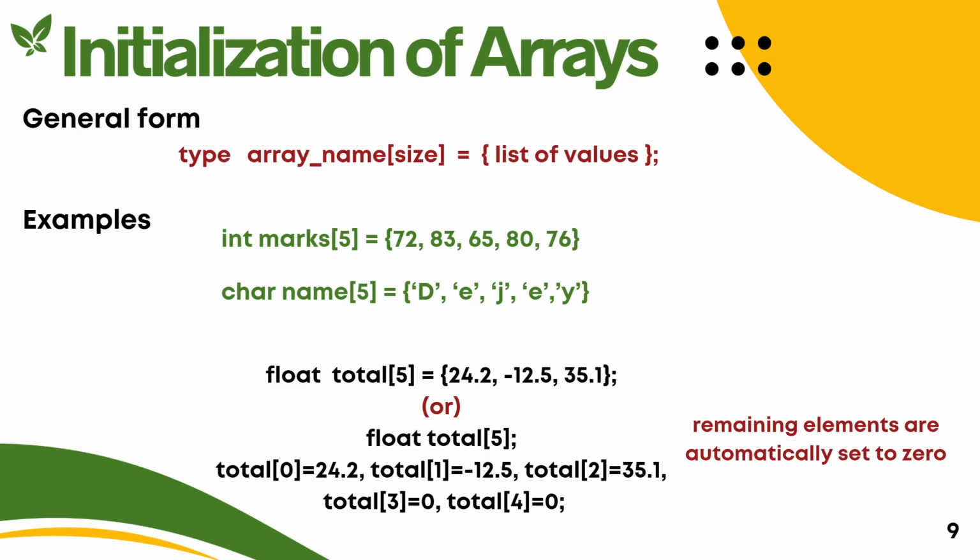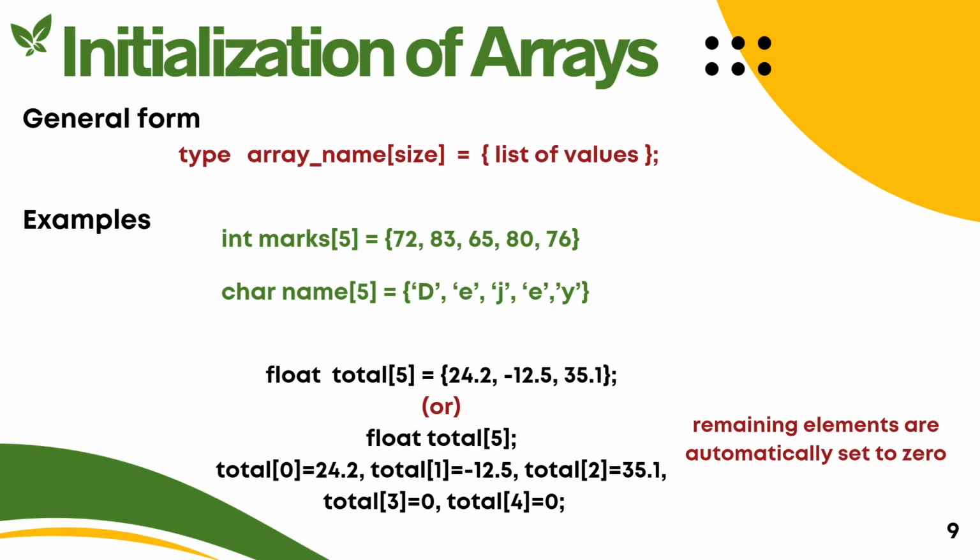So, here I have given 2 examples. In the first example, we actually define an integer array of size 5, and it has 5 elements which are all separated by comma. And next I have a character array, and you could see that all the characters are separated by comma and enclosed within braces.